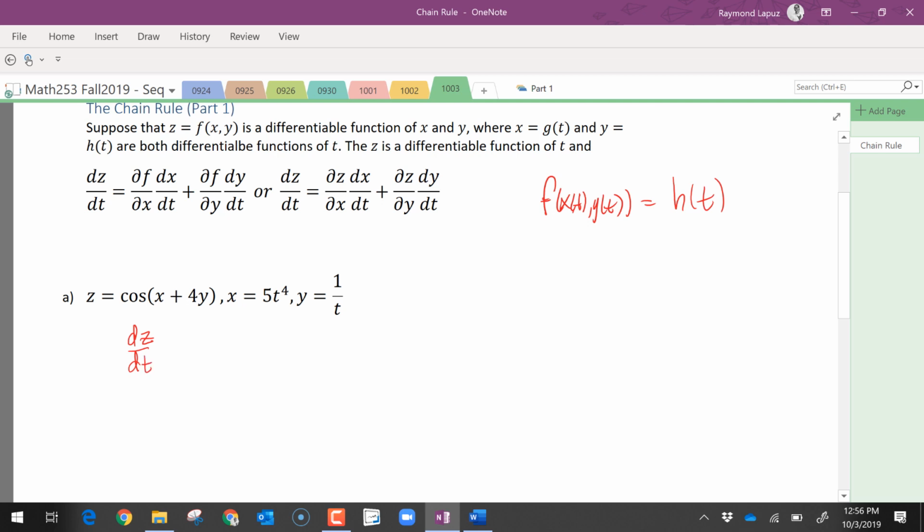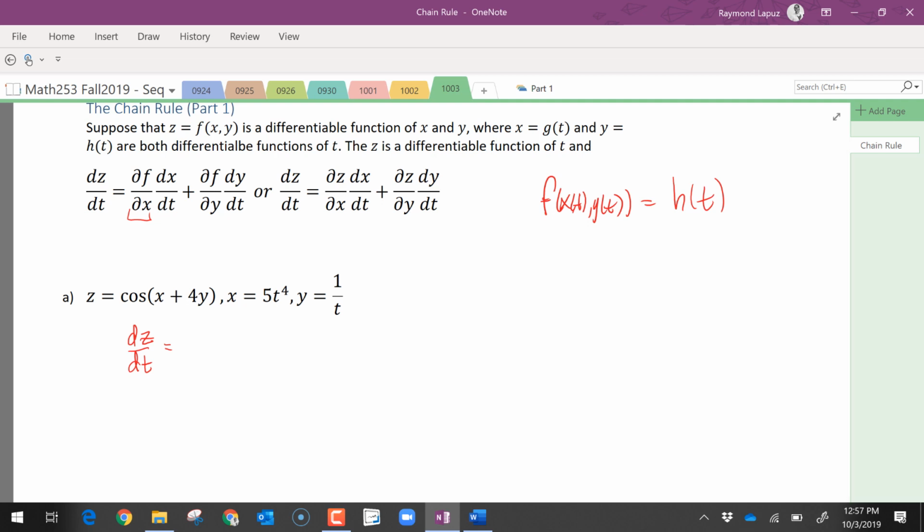So notice the straight d versus the curvy d. Right, so the function z is actually going to be just a function of one variable. And then according to the formula, we're going to take the partial derivative of z with respect to x.